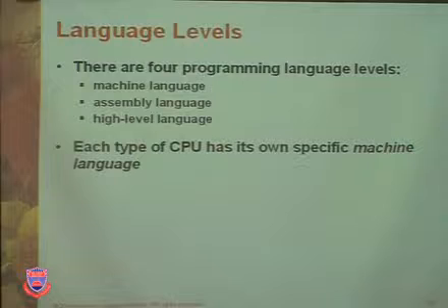So whenever you give a certain instruction to a processor, let's say you would like to add two values, what is going to happen is that whenever you write the code in Java, it is going to be converted, at the end, to machine language.